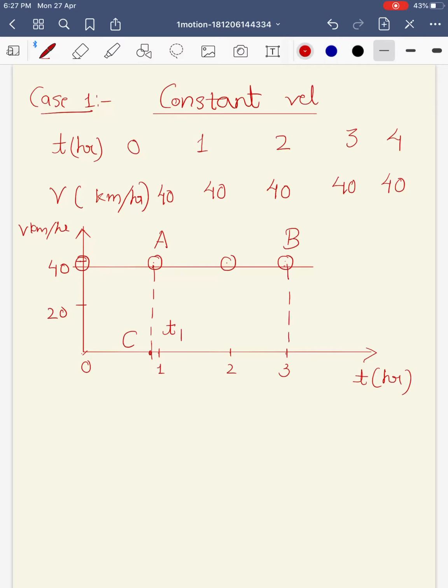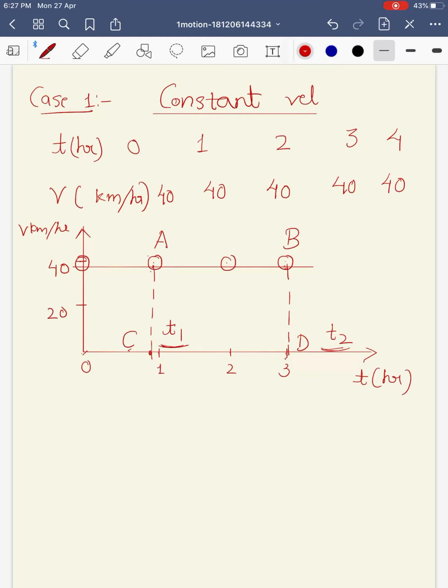Corresponding to point B, this is point D and the time it denotes be t2. So we have taken 2 points A and B on this line and drawn perpendiculars. A corresponds to point C and time t1. B corresponds to point D and time t2.